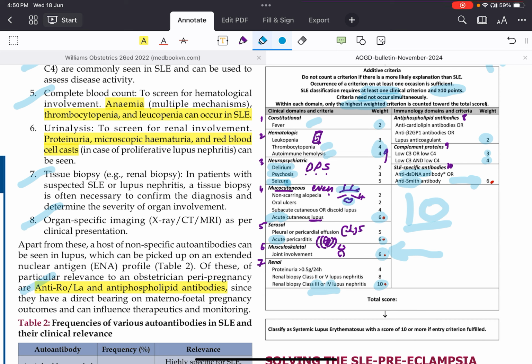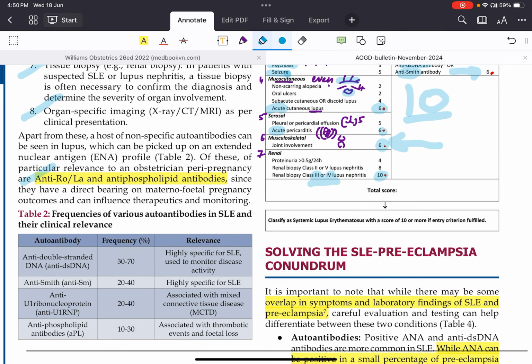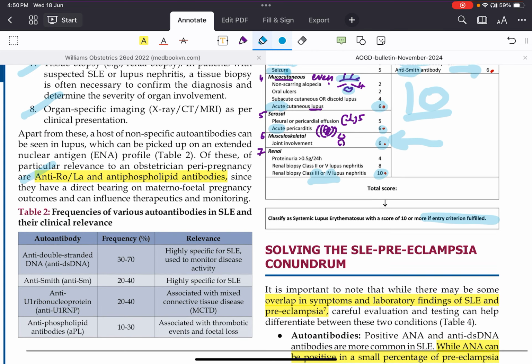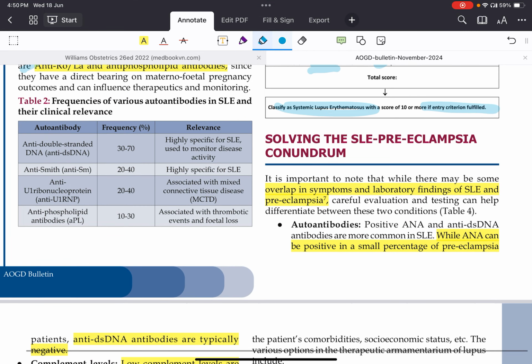Then antibodies are 2, complements C3 or C4 is 3, and C3 and C4 is 4. Then specific antibodies like anti-dsDNA and Smith is 6. So total score, if it is 10, then the criteria is fulfilled and it is classified as SLE.